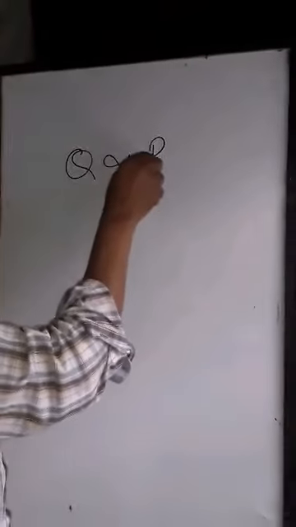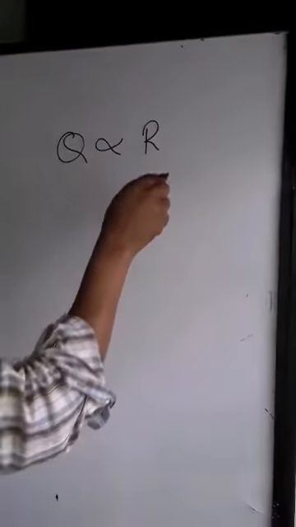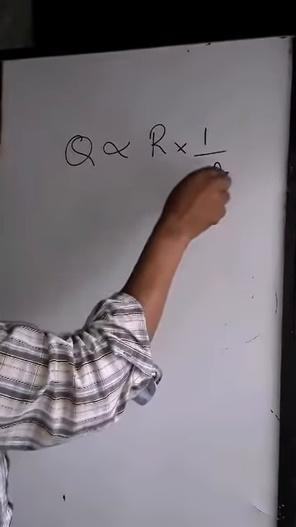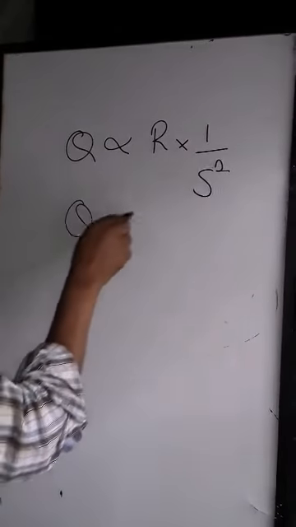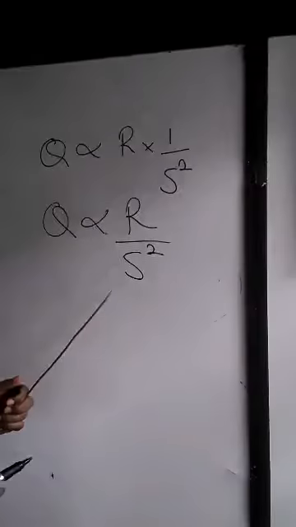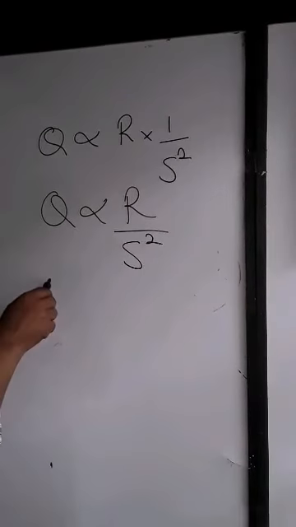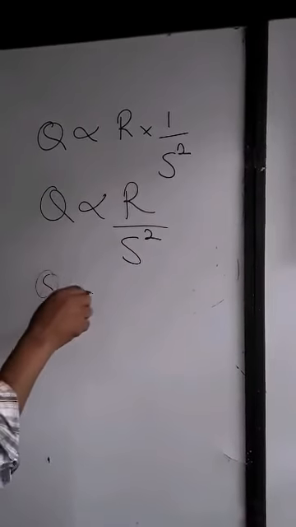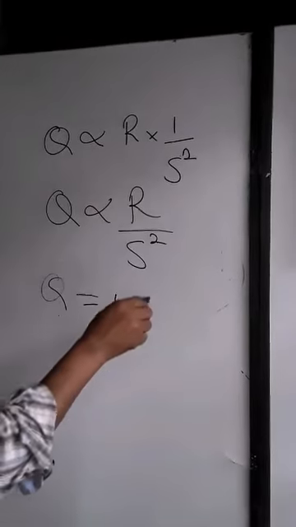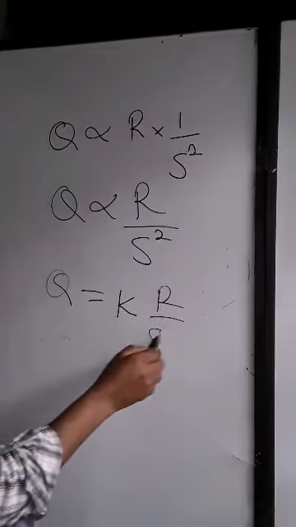So we say Q varies directly as R and inversely as S squared. So introducing K, we'll have Q equals K R over S squared.